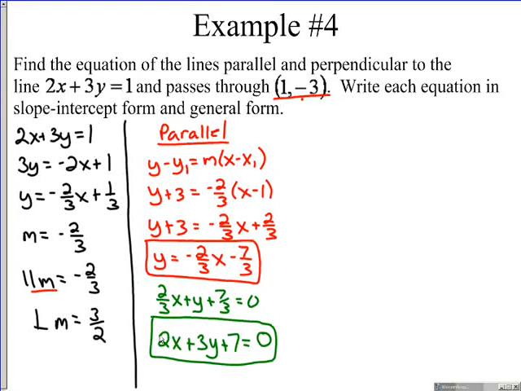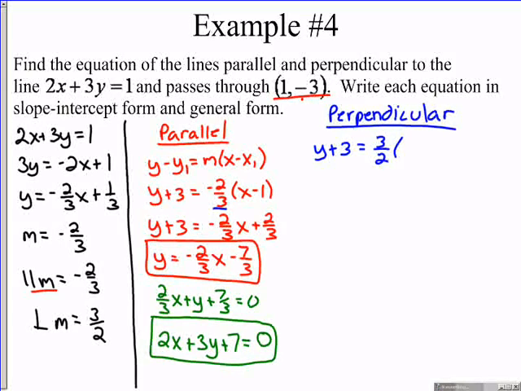Line now perpendicular. Our line perpendicular, we're going to do everything exactly the same way, only now this slope right here, instead of being negative 2/3, is going to be positive 3/2. So I can basically take this equation right here, y plus 3 equals, change the slope to 3/2 now that we want a line perpendicular, and leave everything else the same.